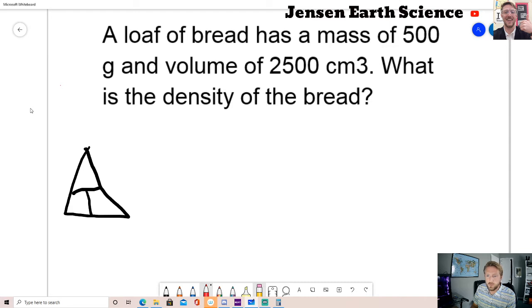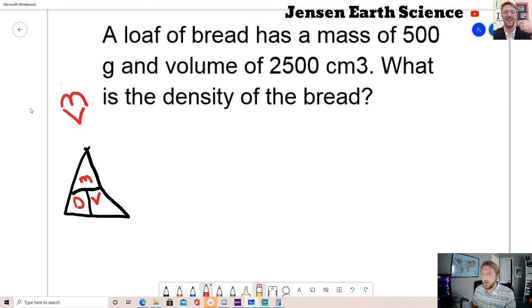Those two letters, one was an M on top, the second was a V on the bottom. Basically, as long as you can remember that M is always on the top, you can fill out your density triangle perfectly. So M goes in the top, V doesn't matter which one it goes into, and then D goes into the last third spot.